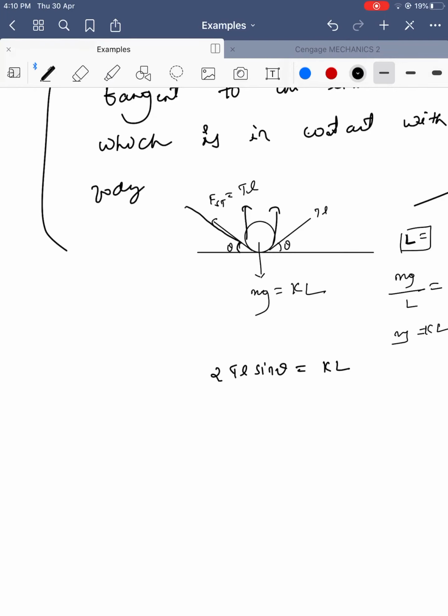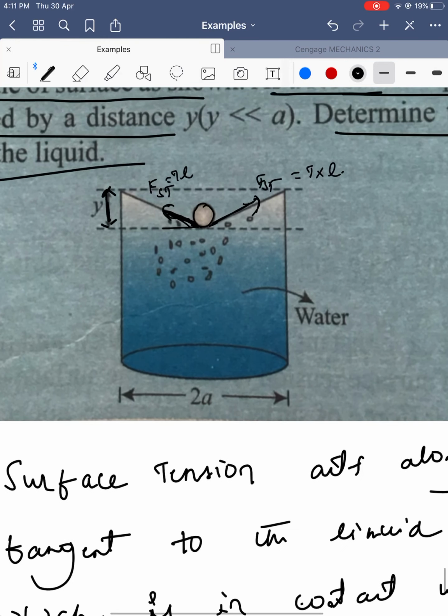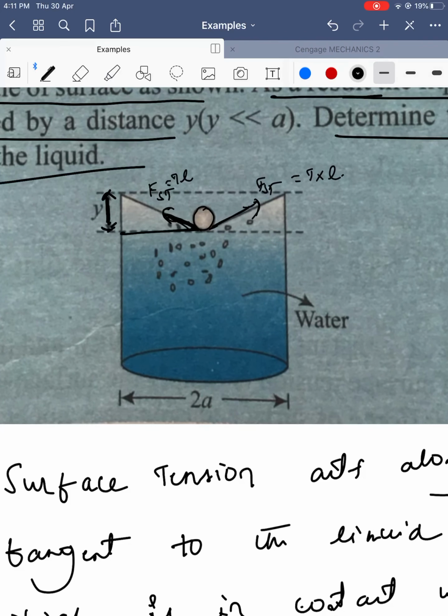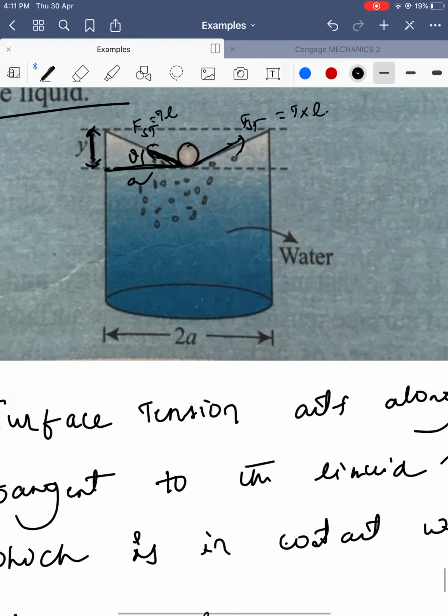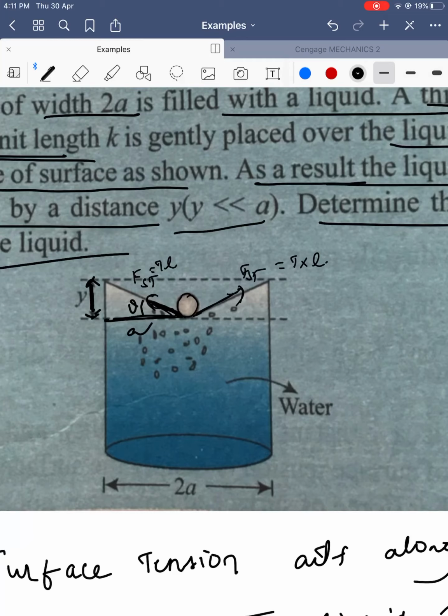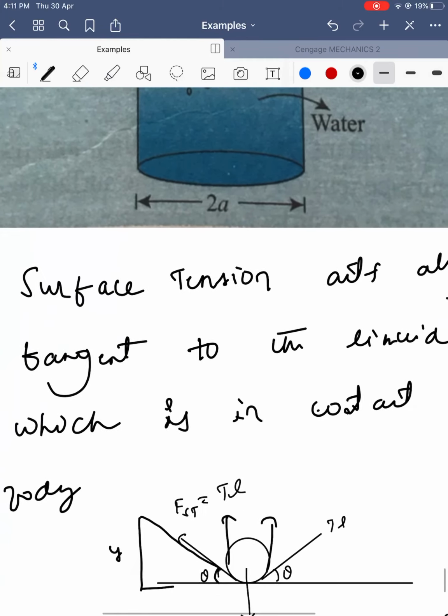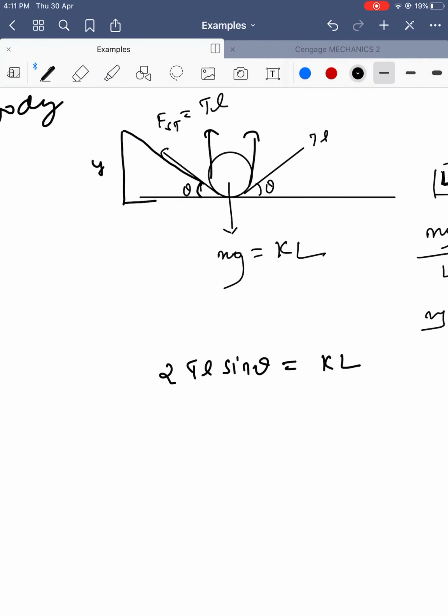If you see this carefully, it is given that it is depressed by y, and from here to here the length is a. For small angle theta, why are we saying small angle? Here y is small compared to a. If y is very small, sin theta is nothing but tan theta.